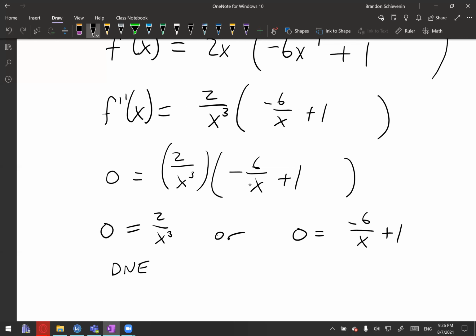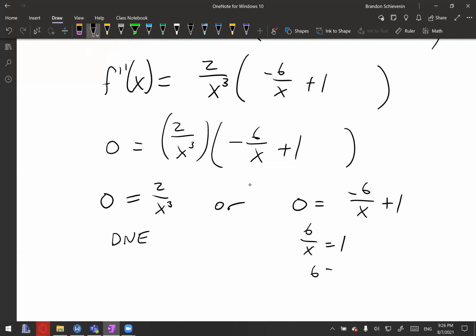On the right side, what can I do? 6. Okay, so 6 will make this true. I'm going to go ahead and throw a step in here. So this is 6 over x equals 1. Therefore, x is 6. Okay, so x equals 6 is the only point where our second derivative is equal to 0.